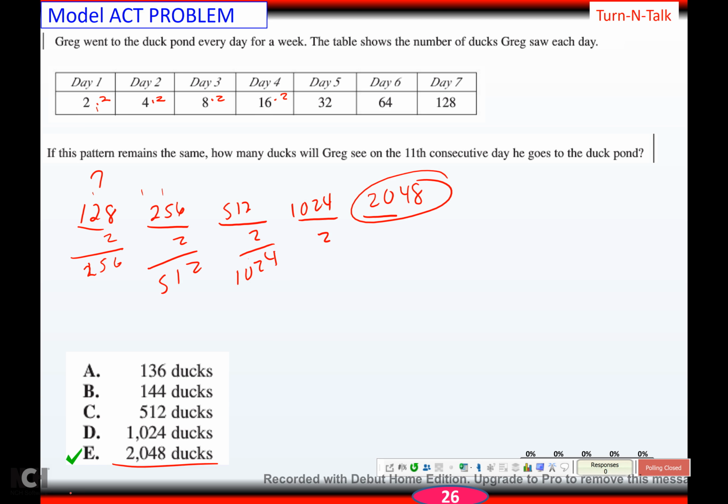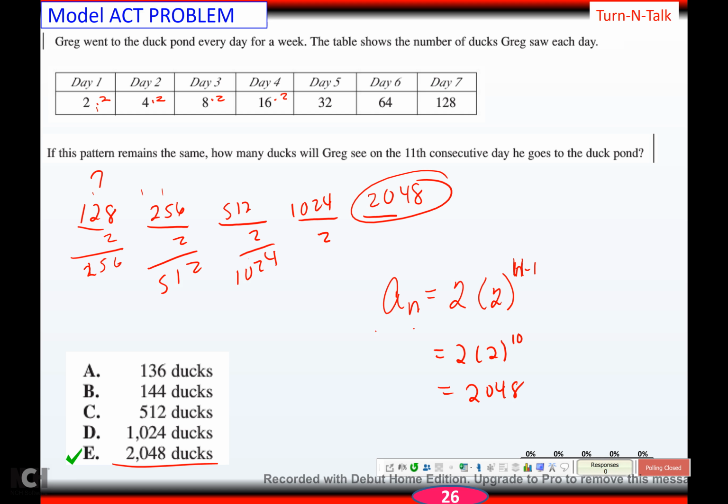Okay, and we could have used the formula. We could have said the nth term is going to be the first term, which is 2, times my common ratio, which is 2, to the n minus 1, which they want the 11th term. So if I make that 11, then it's 2 times 2 to the 10th, which then if you type that in, you get 2048.